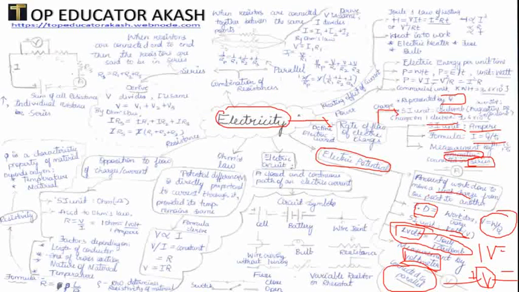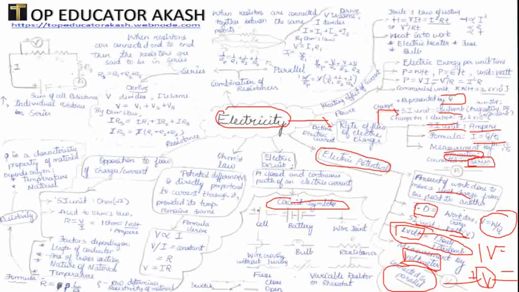So the next term that comes up is electric circuit. What is an electric circuit? I have been using the word circuit. A closed and continuous path of an electric current is nothing but an electric circuit. So what are the electric symbols?